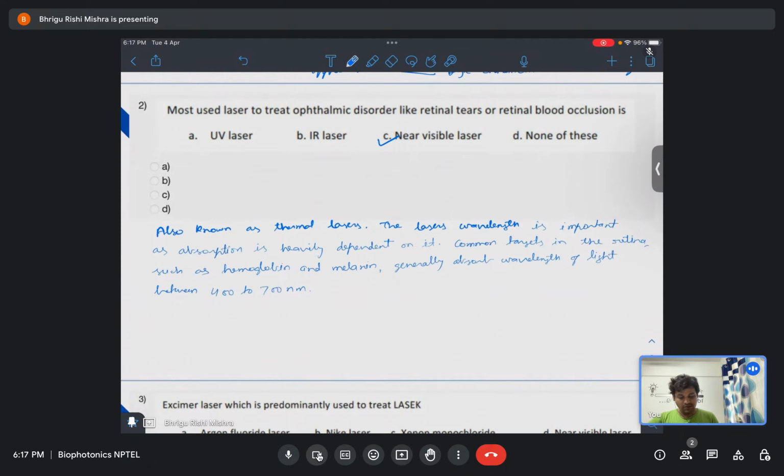Okay, so this is the important region, that is why it is near visible laser, mostly in the green or red region, but this is the general range. Okay, why is it called near visible? Because mostly green or red is used, 400 to 700 nanometer.